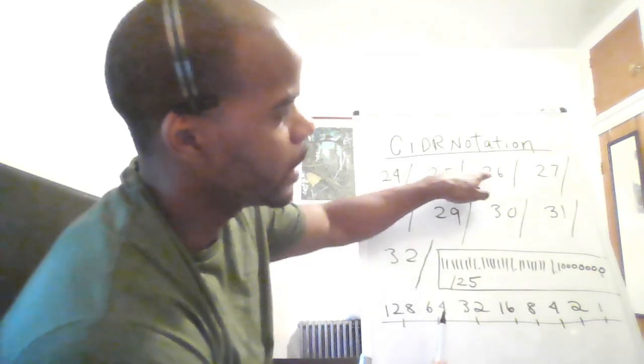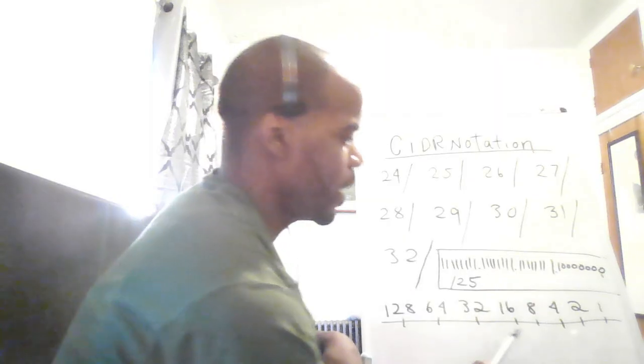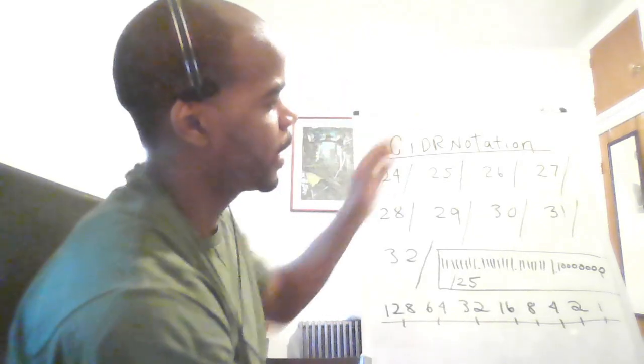You see how the math is making sense now? All we're doing is counting in block sizes every time it increases. So a slash 27 would be 32. A slash 28 will be a block size of 16, and so on and so on.